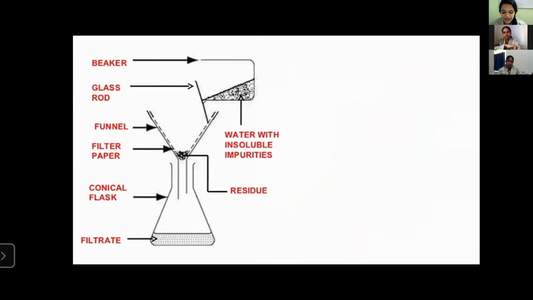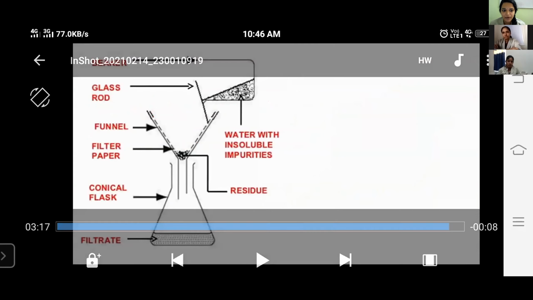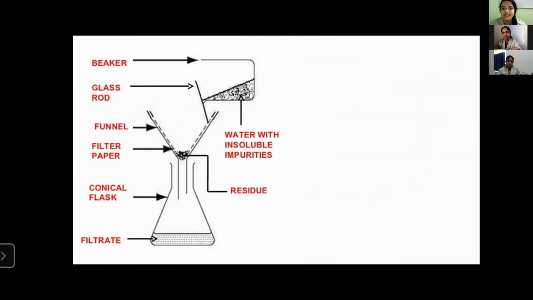Now let's see the filtration which we conduct in a laboratory. For this, we take a beaker containing a mixture with water and insoluble impurities. Then we take a funnel, and we make a filter paper in the shape of a cone and insert it into the funnel.